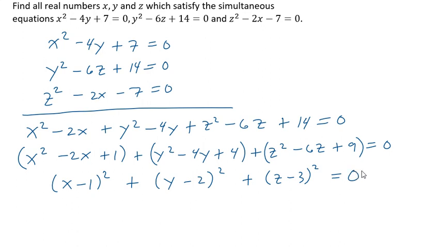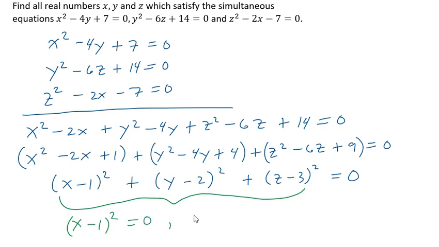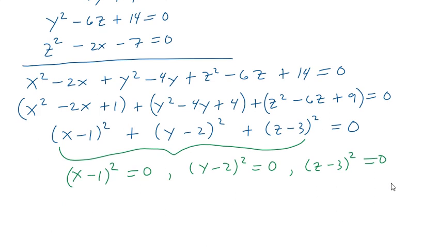Okay, now the only way this one is equal to 0 is when the square of x minus 1 is equal to 0, y minus 2 squared is equal to 0, and z minus 3 squared is equal to 0, which further implies that x must be 1, y must be 2, and z must be 3.